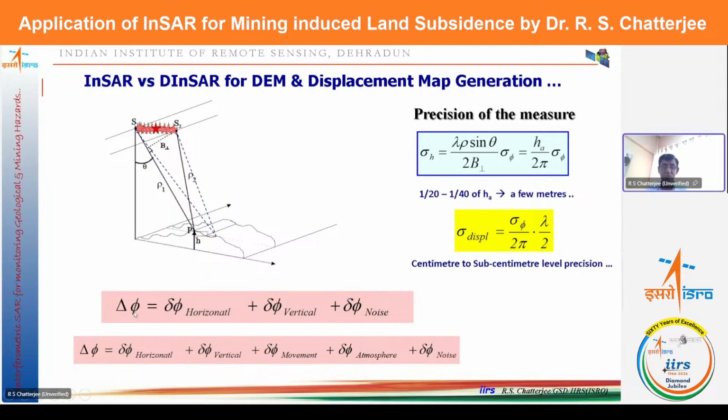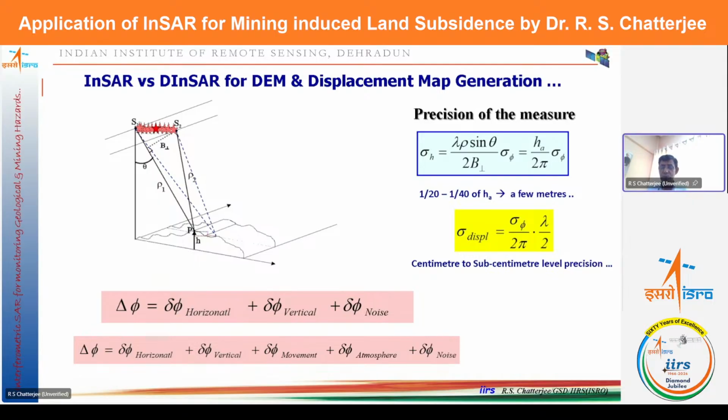So in that case, after interferometric processing, what do you get? The interferometric phase, that is the phase difference between the two images at the pixel level, delta phi. So this delta phi is equal to what? It has the horizontal contribution because of the horizontal distance difference between the pixels. Then the vertical distance difference between the pixels, that is the height difference, the topographic phase, the vertical phase.